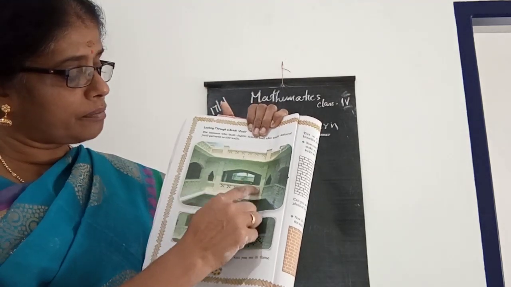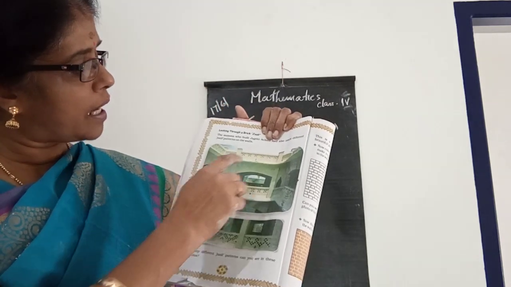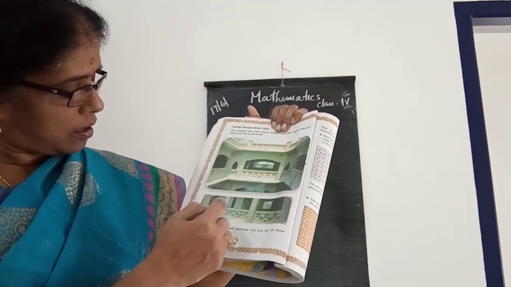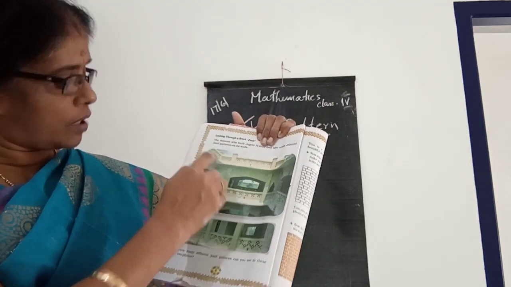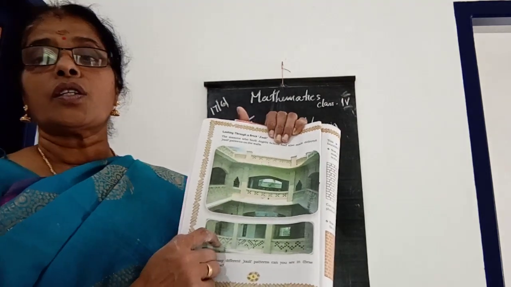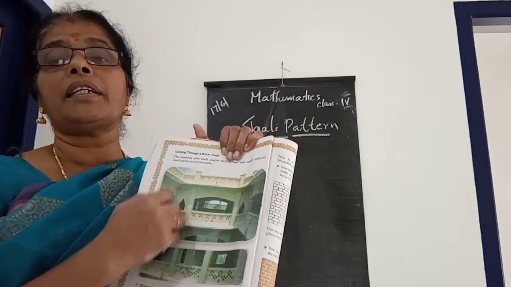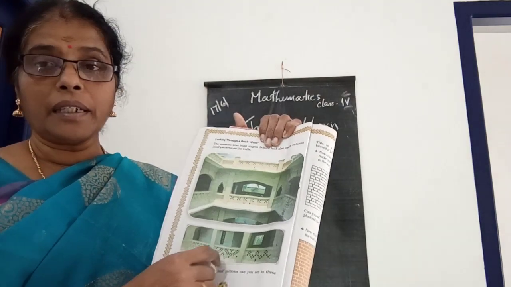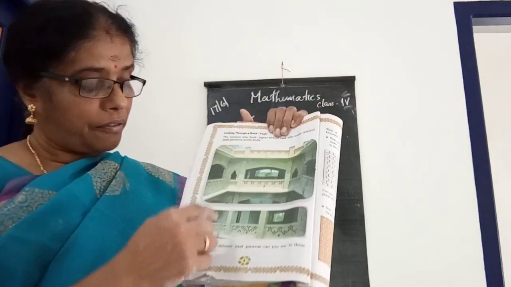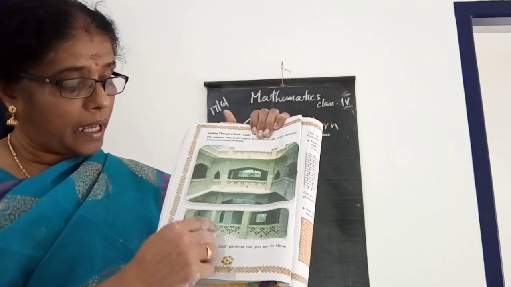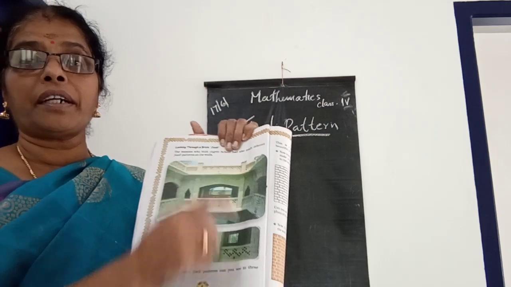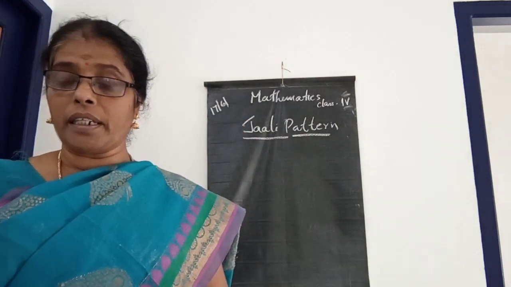And fourth one. And fifth one. This one is the same as this. Okay. So five different types of Jali pattern we can see in the two photos.